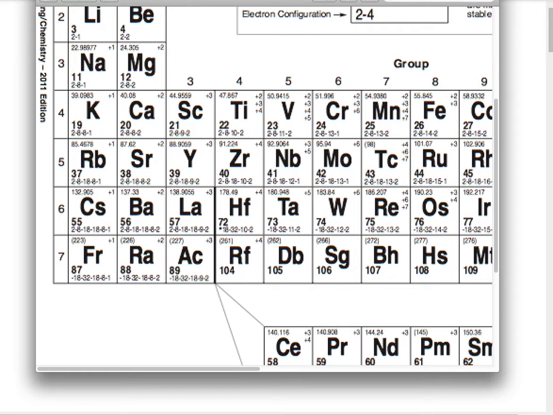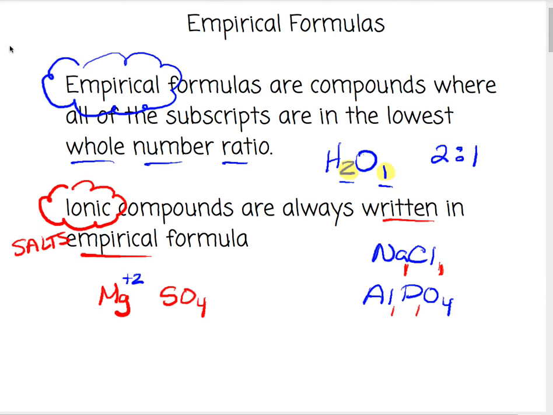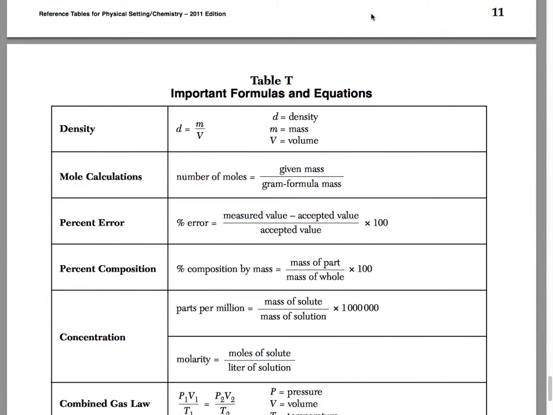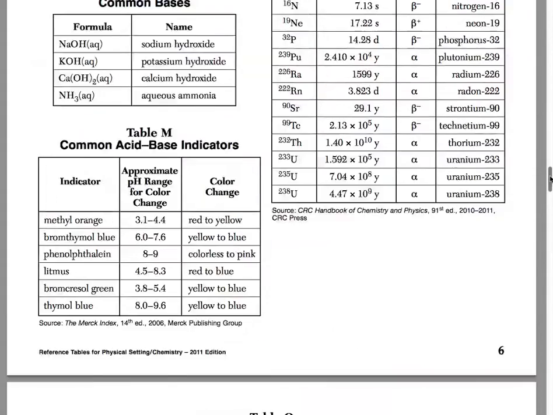And then we're going to look at the sulfate ion. Now the sulfate ion, let's bring this back. The sulfate ion we got from our reference tables. And the sulfate ion is going to be on your polyatomic ion chart, which is all the way at the top here.